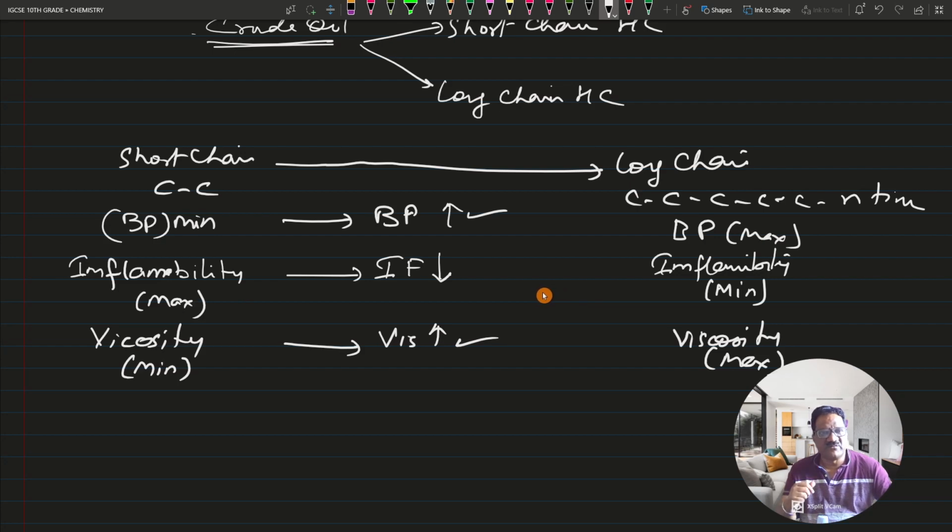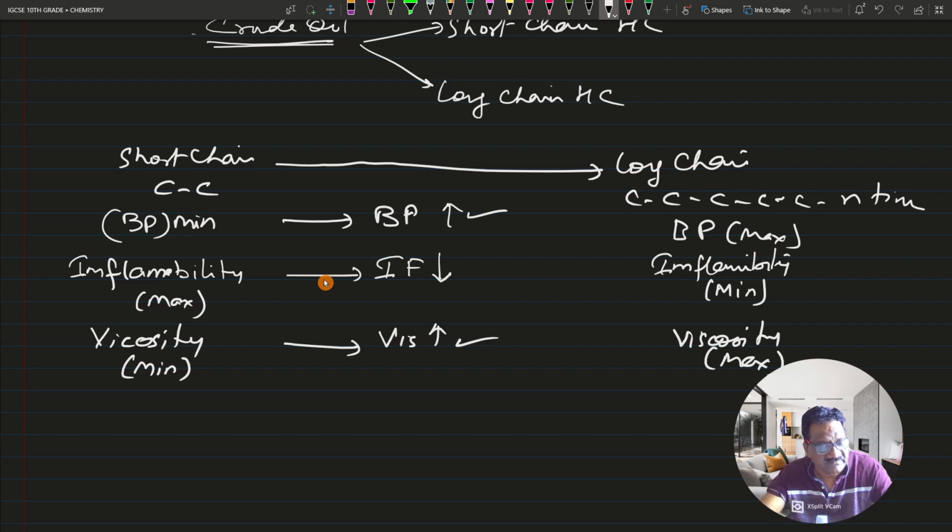There's one more property that we should talk about, which goes on decreasing when you go from short chain to long chain. Let me check. Okay, flammability, boiling point I talked about.